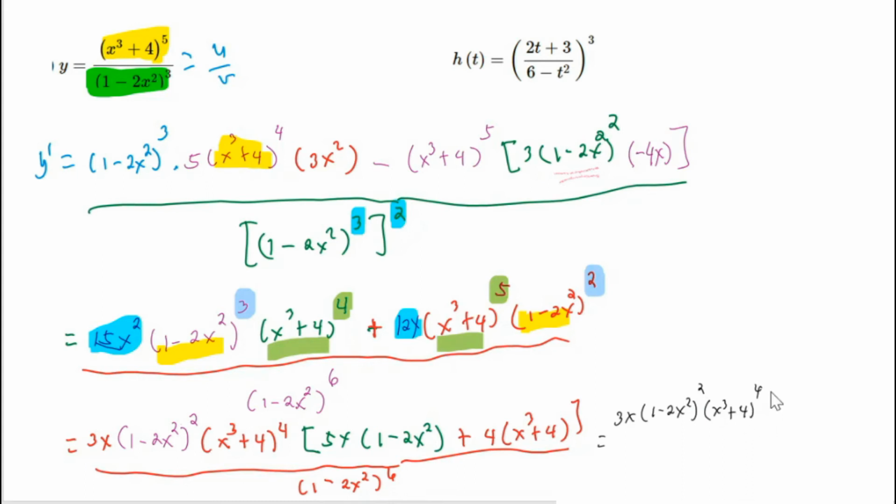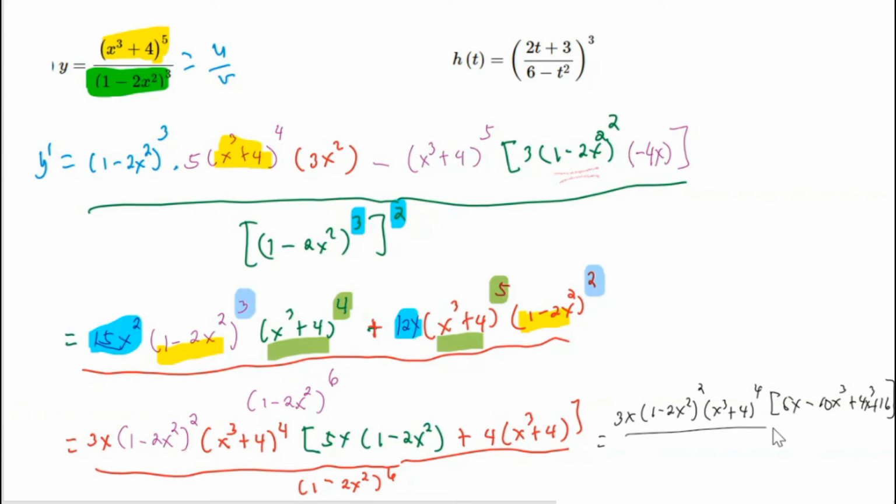And then simplifying inside the bracket, we have now 5x times 1, I have 5x, and then 5x times negative 2x squared gives us the product of negative 10x cubed. And on the second term, we have 4 times x cubed is 4x cubed. Then 4 times 4 is 16.